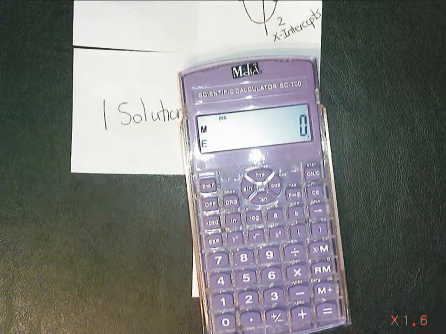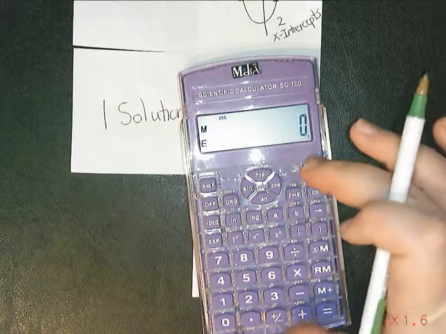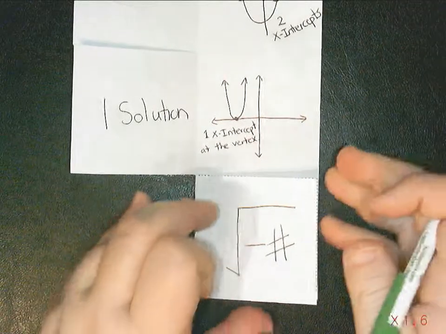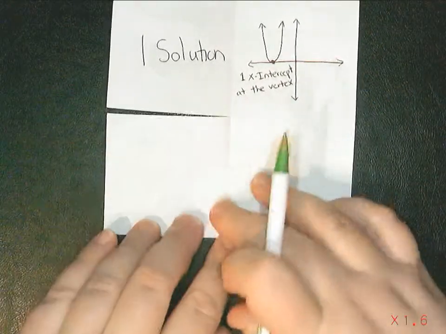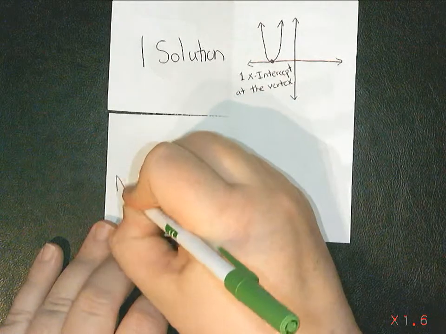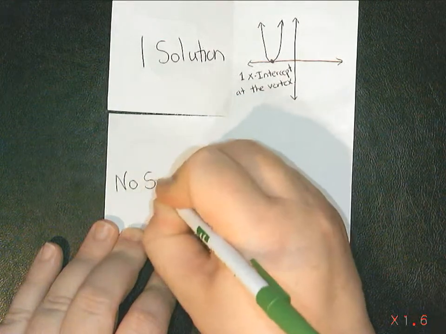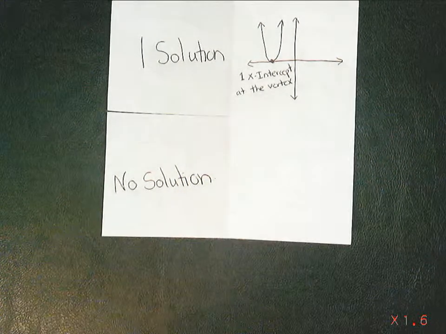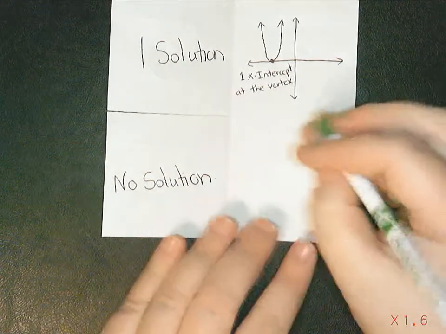Now there are things called imaginary answers, but we're not ready to talk about that until grade 12. So we're just going to say if you get a square root of a negative number, I cannot calculate it, so there is no solution. Which means there are no answers, which means there are no x-intercepts.